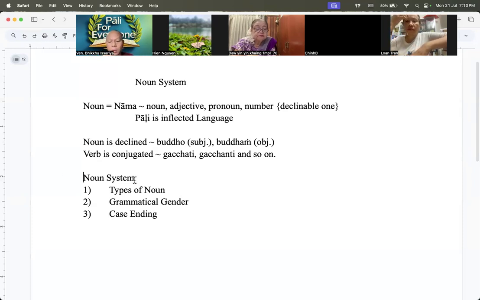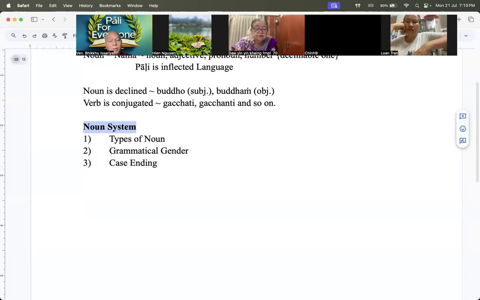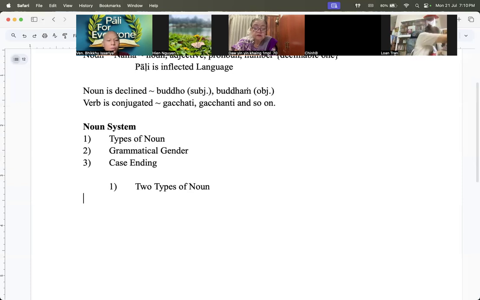So now the first one, types of noun. There are actually two types of noun in Pali mainly.